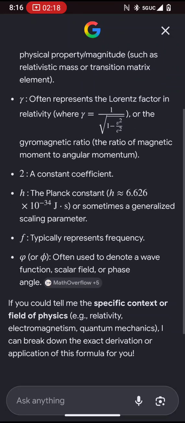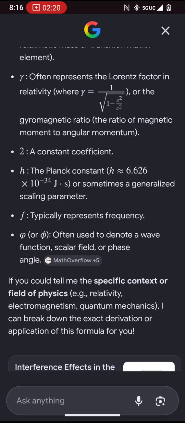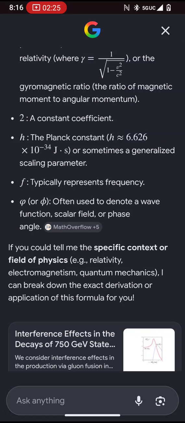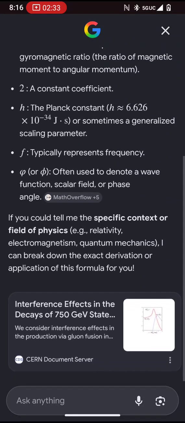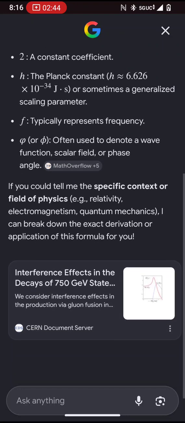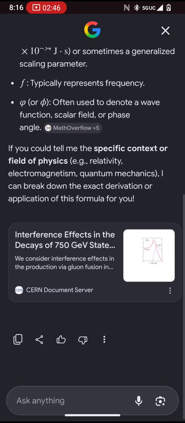Yes. Okay. 2, a constant coefficient. H, the Planck constant, sometimes a generalized scaling parameter. F typically represents frequency, and phi is often used to denote a wave function, scale, field, or phase angle. Well, we're going to get into some detail about that.